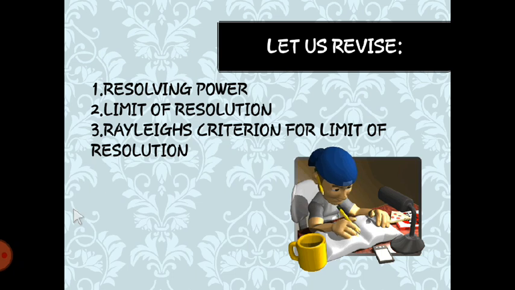They are visually separated, and we can recognize that they are separated. And what is the meaning of well resolved? They are completely separated and distinct from each other. This is Rayleigh's criterion, and we have discussed all these points.